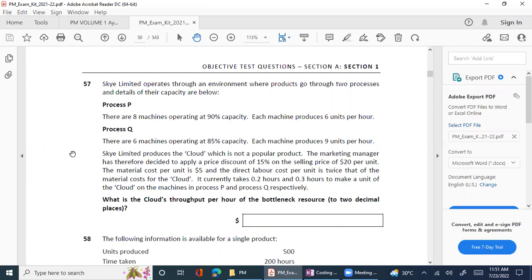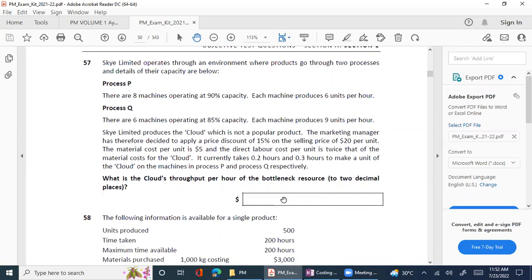So first of all, you need to identify which process is a bottleneck process. And then we will find what is the throughput per hour. So if we look at the process P, there are 8 machines and they are producing 6 units.